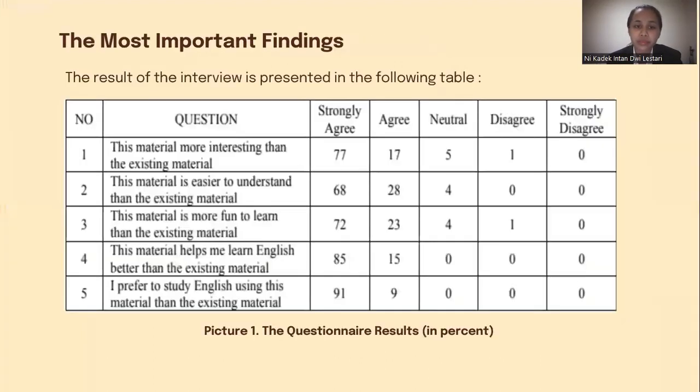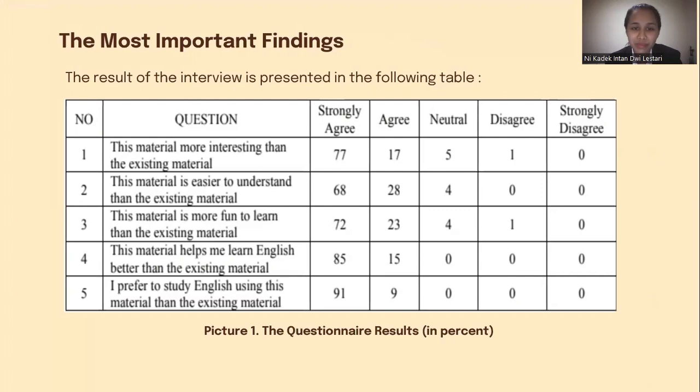And after a process of revision and rewriting, the new material was then put into field testing, and the students were asked to review the new course. Then they were asked to fill in questionnaires about the materials. So here you can see the results of the interview presented in the following table.